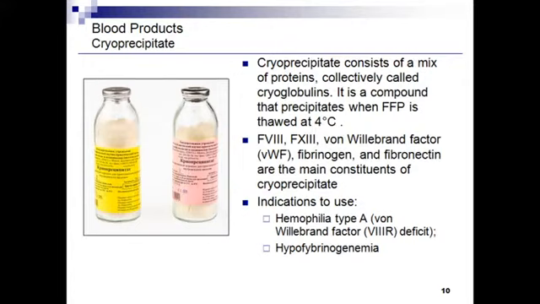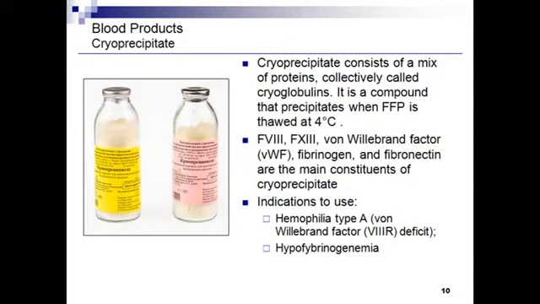The next blood product is Cryo Precipitate. It is a very specific drug. Cryo Precipitate consists of a mix of proteins collectively called cryoglobulins. It is a compound that precipitates when fresh frozen plasma is thawed at 4 degrees Celsius. We can isolate the factors and collect them, keep them as a mixture in special bottles, and use the Cryo Precipitate for treatment of hypocoagulation states.